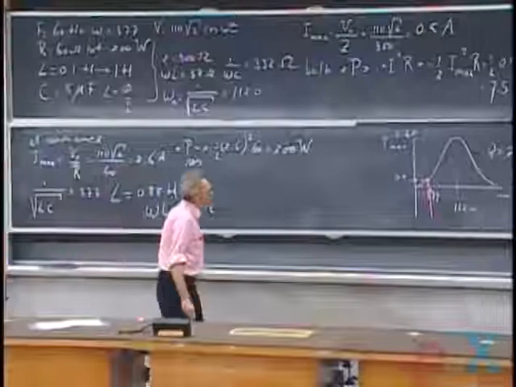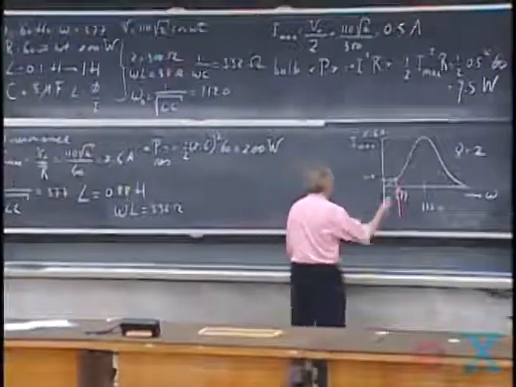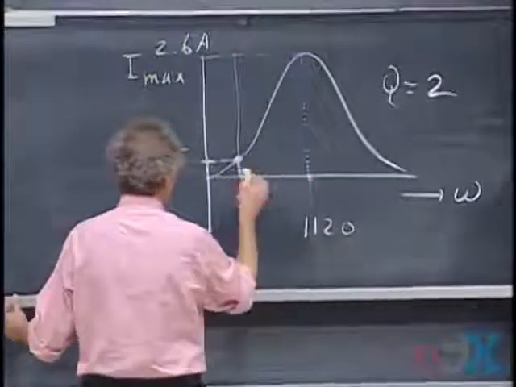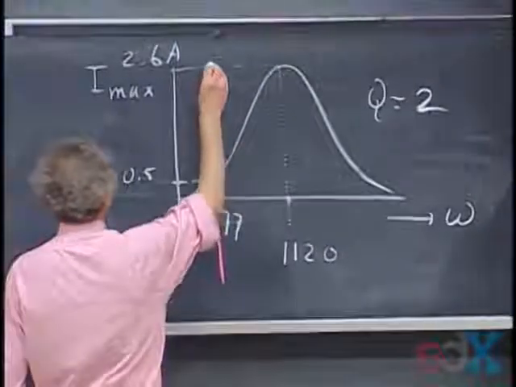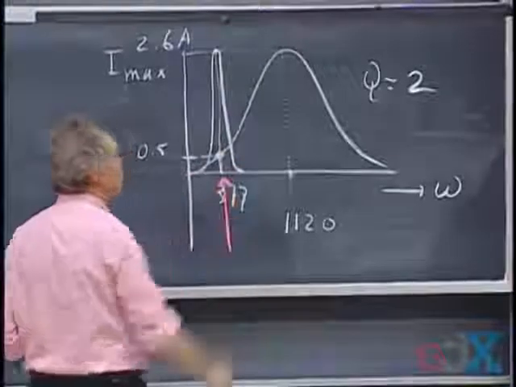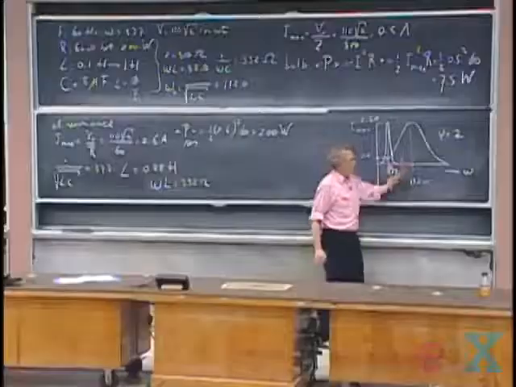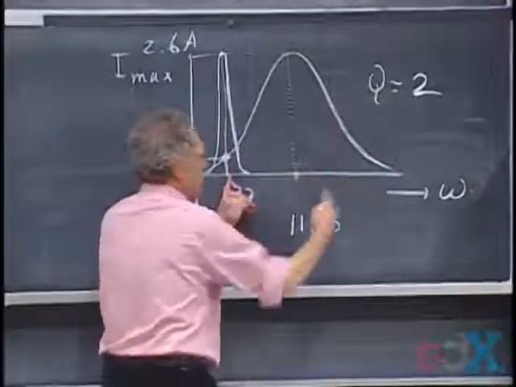And so what I have done, if I make L 0.88 Henry, I shift the resonance frequency to this value, and my resonance curve now will look like this. But this height is going to be the same, because the height is only determined by V0 and R. And so what I'm going to do now is turn on the instrument where it was before, but this was the resonance curve.